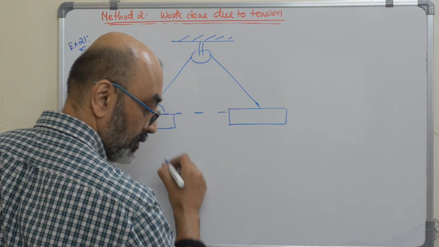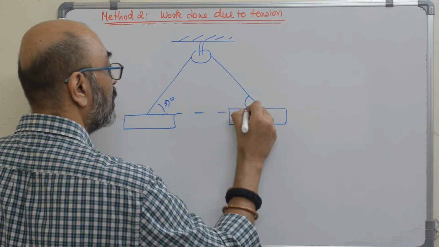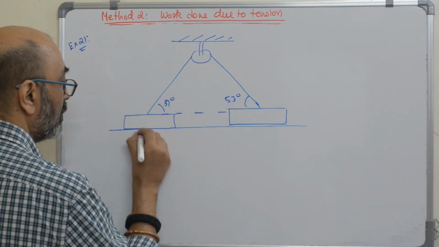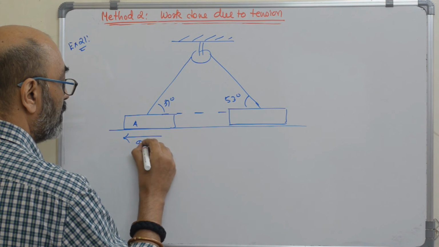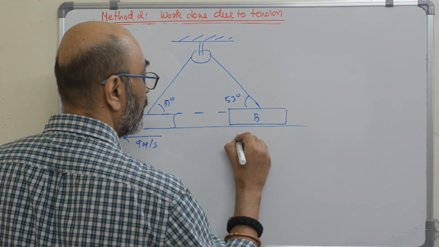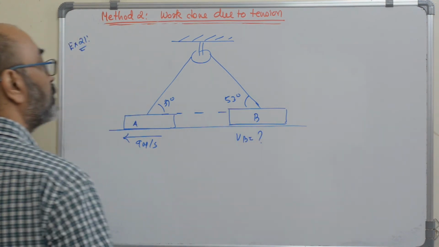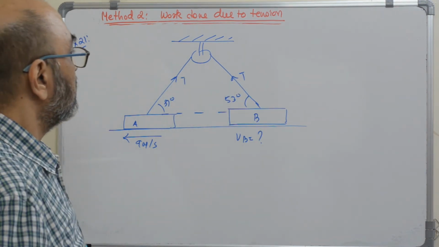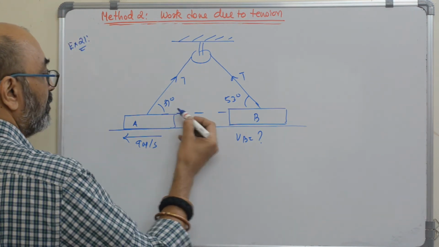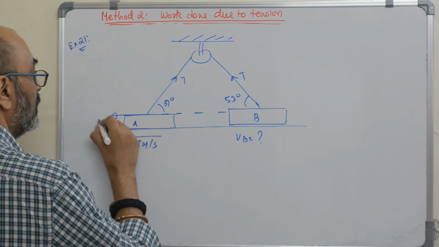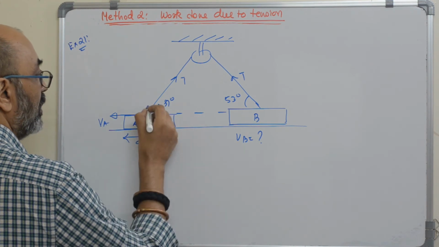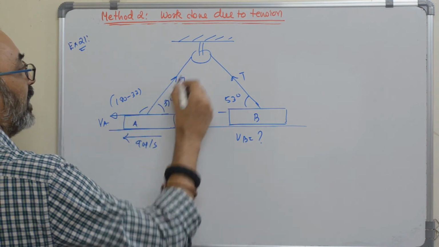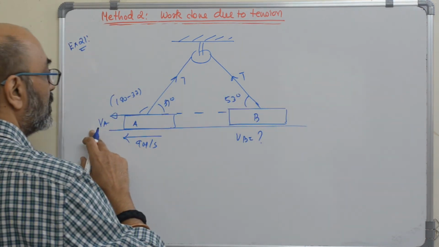This angle is 37. That is 53. The block is moving. This is A, 9 meter per second, that is B. VB is how much? Okay, let's solve. That is tension, that is tension. This is VA, which is 9. This angle is 180 minus 37, so the angle between VA and T is 180 minus 37.